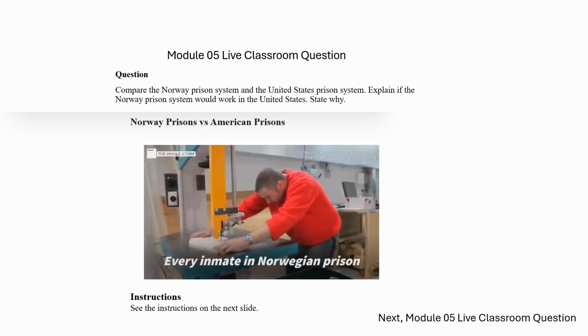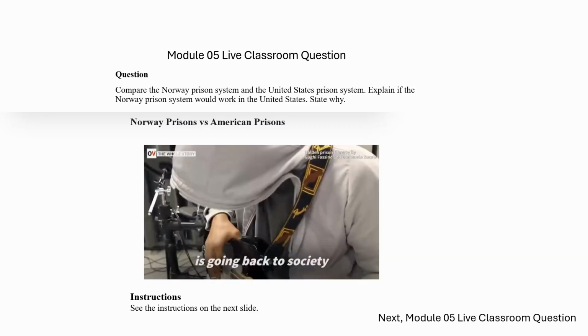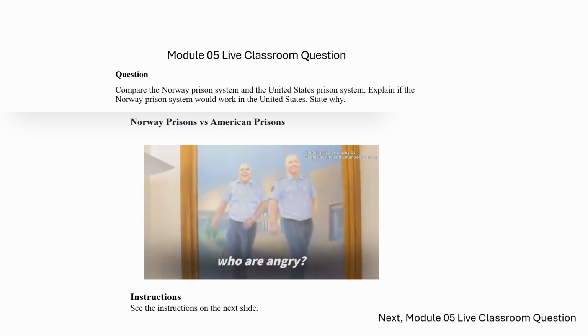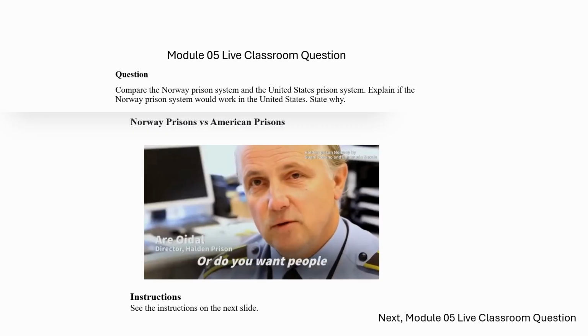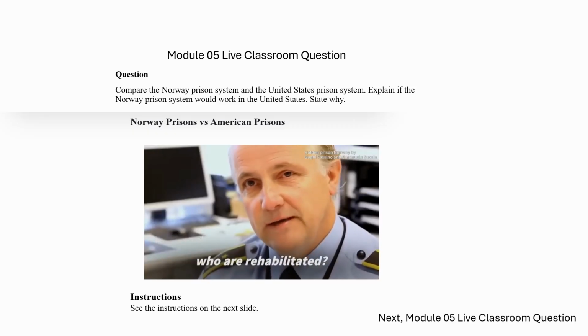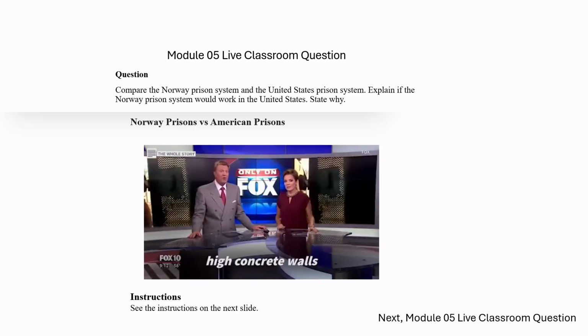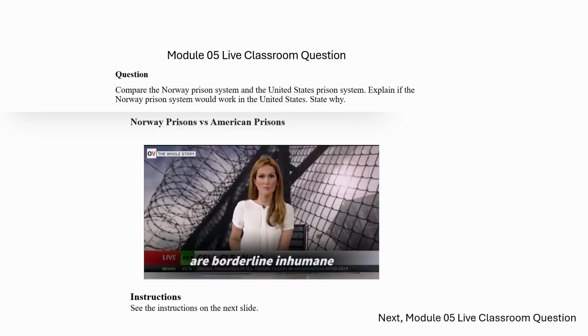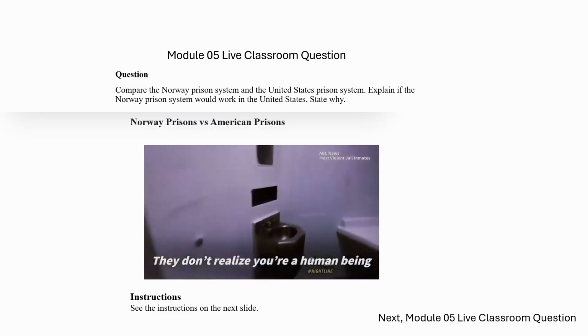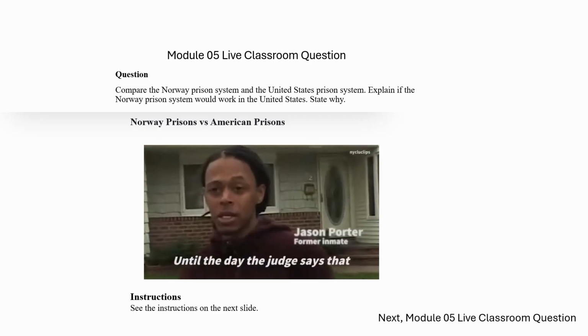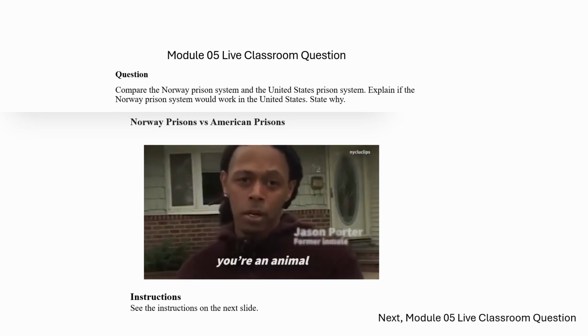Every inmate in Norwegian prison is going back to society. Everyone. You want people who are angry, or you want people who are rehabilitated. Literally locked up behind high concrete walls. The conditions for the prisoners are borderline inhumane. They don't realize you're a human being. They don't care, to them you're not a human being. Until the day the judge says that you didn't commit this crime, you're an animal.